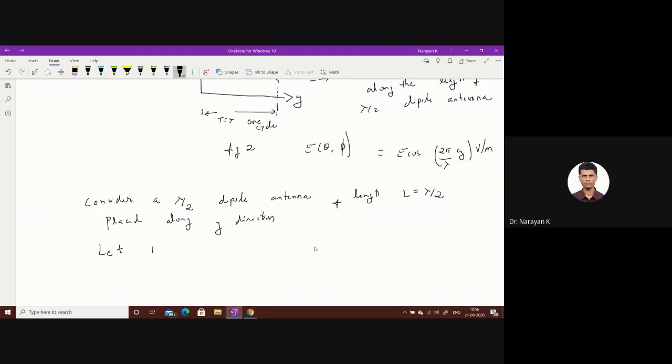Next, let the direction of incident electric field be x direction.